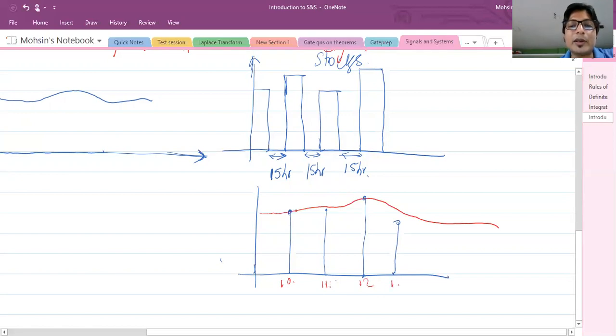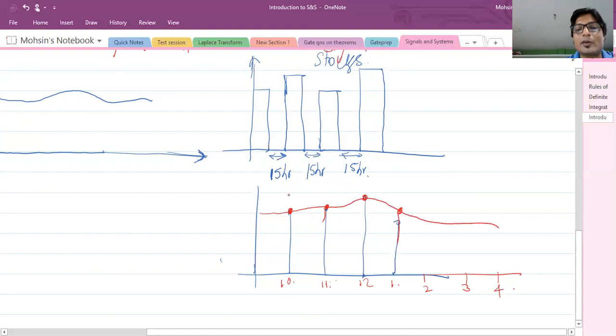Depending upon that particular timing, there will be different magnitudes of temperature available. When I take those values and plot them separately, I will finally have only the value of the temperature at those time instants. It will not be available continuously, but on a 1 hour basis.